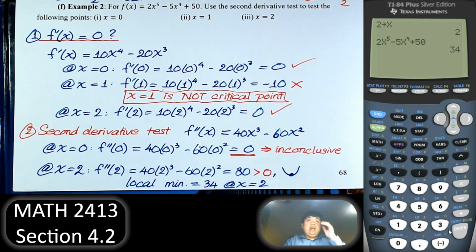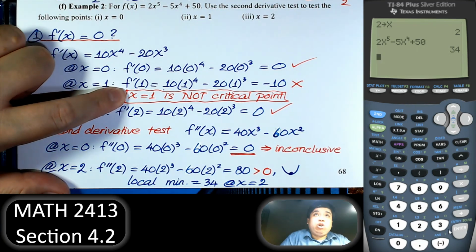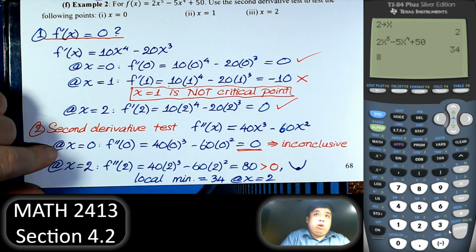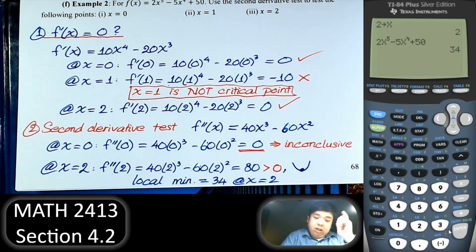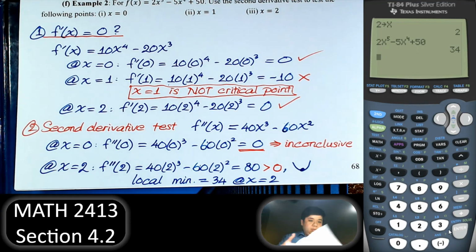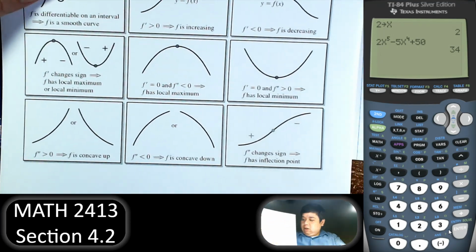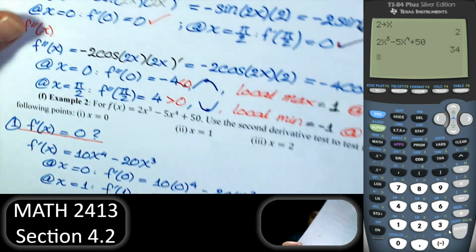So for this one, x equals 1 is not a critical point. At x equals 0, inconclusive. At x equals 2 is the minimum. If you want to find the minimum value, put it back into the original function. So that's what we have for this one.